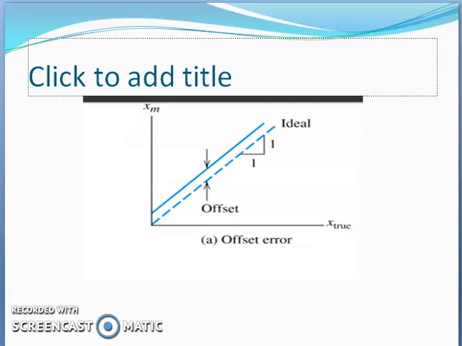This constant error is present over the entire range. If the actual value is 1, then we will get 1.6. If the actual value is 2, then we will get 2.6. That is, the constant value is present all over the instrument. So this is called zero error.